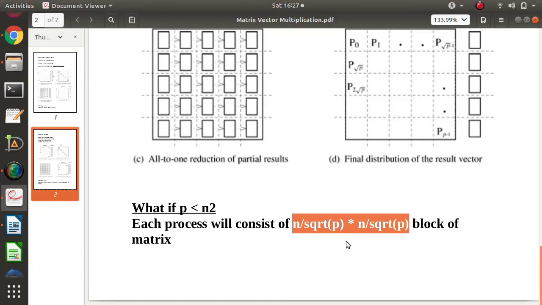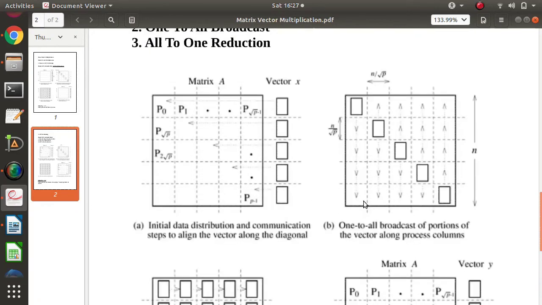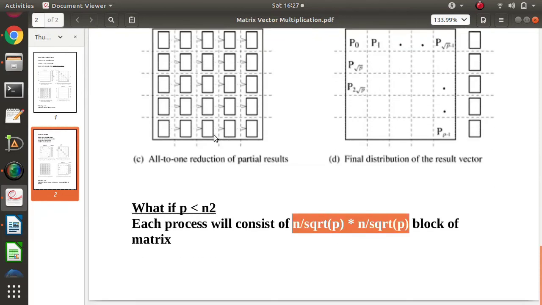Suppose the number of processes is smaller than n square, the total number of elements. One process will have such a block, another process will have such a block, and a third process will have some block. The size of that block will be n by root p into n by root p.